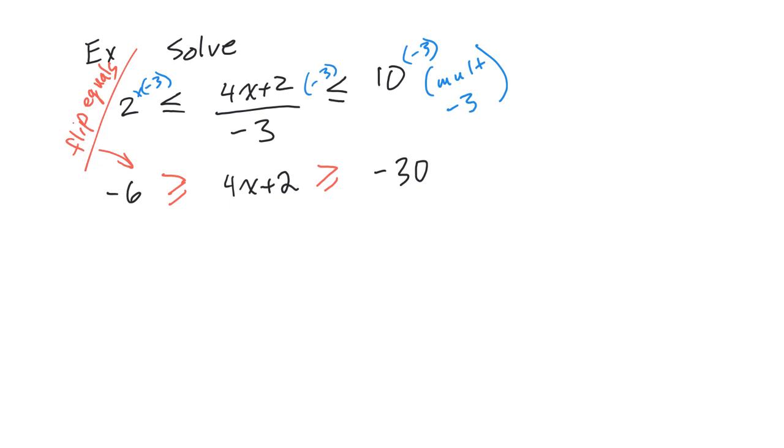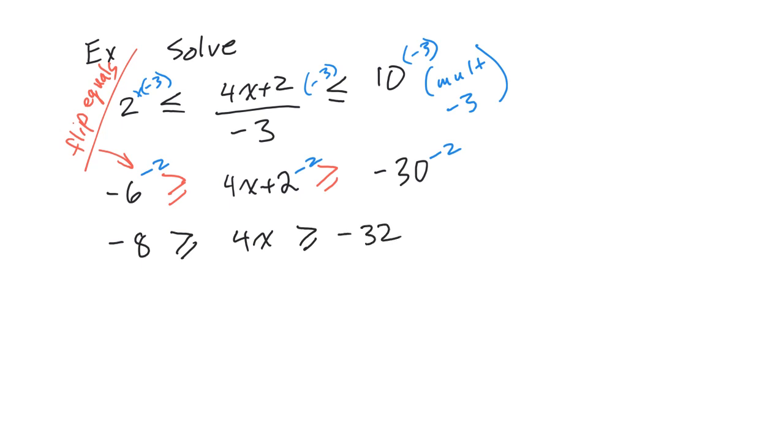What we have left to do is isolate x like we would normally do. If I have 4x plus 2 and I want to take the 2 away, I'm going to subtract 2 from the middle, and subtract 2 from both ends. So that means we're going to have -8 is greater than or equal to 4x, which is greater than or equal to -32.